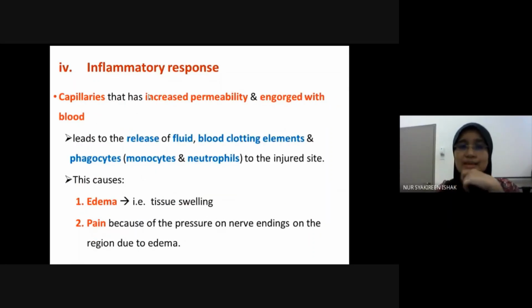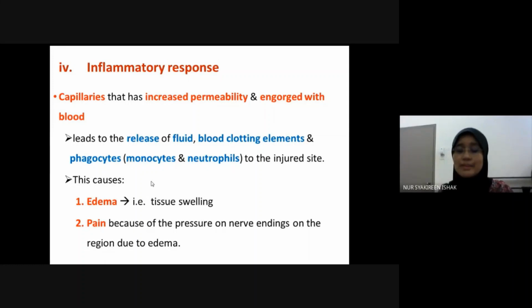Okay, so next, capillaries that have increased permeability and are engorged with blood lead to the release of fluid, blood clotting elements, and phagocytes such as monocytes and neutrophil to the injured area. So bila berlaku vasodilation, lebih banyak darah flow to that area, so lebih banyak tekanan yang berlaku dekat blood vessels tu.